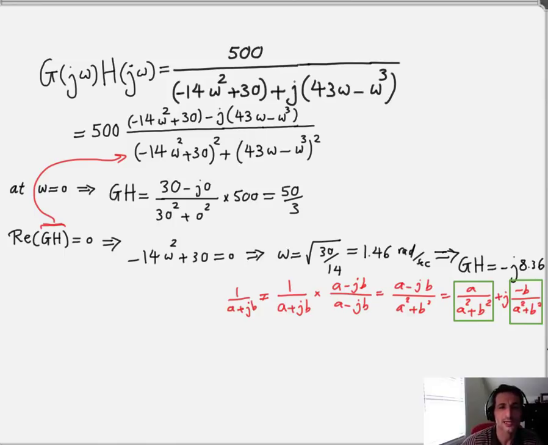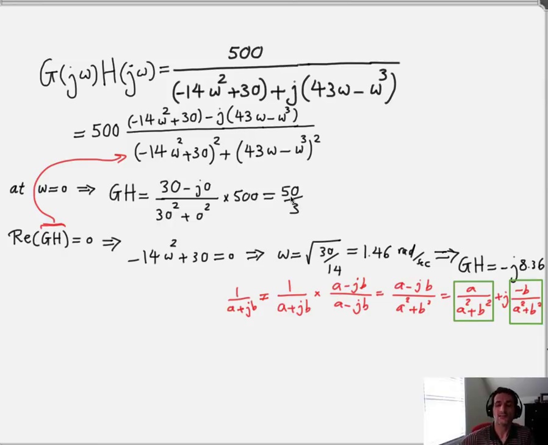So let's start with what happens at omega equal to 0. At omega equal to 0, we have 500 multiplied by 30 minus j0 divided by 30 squared plus 0 squared. So the result is just going to be 50 over 3.